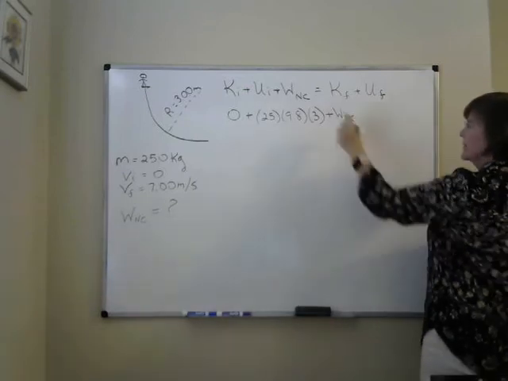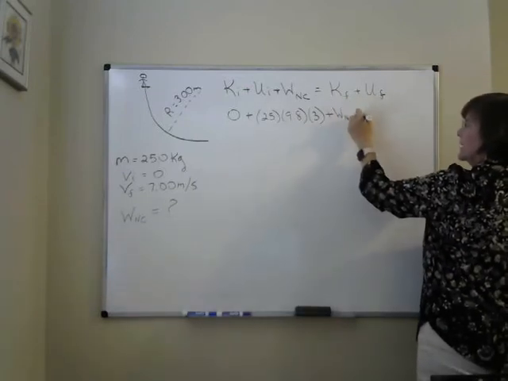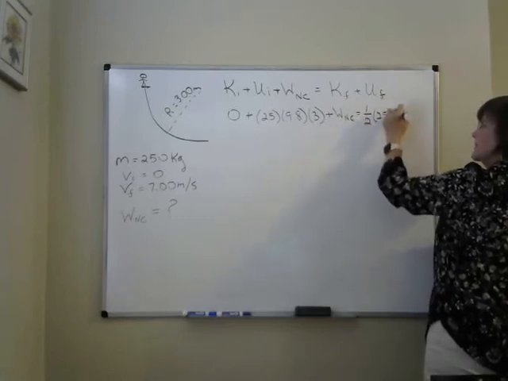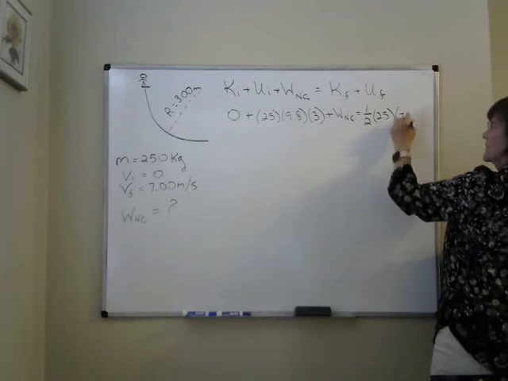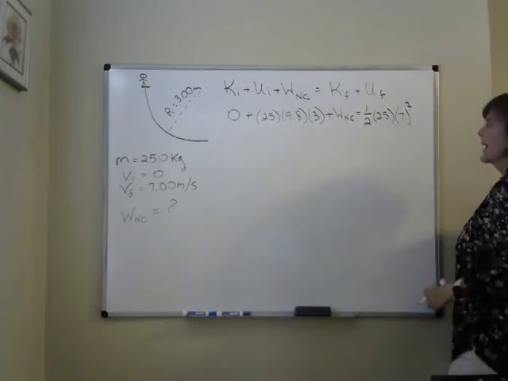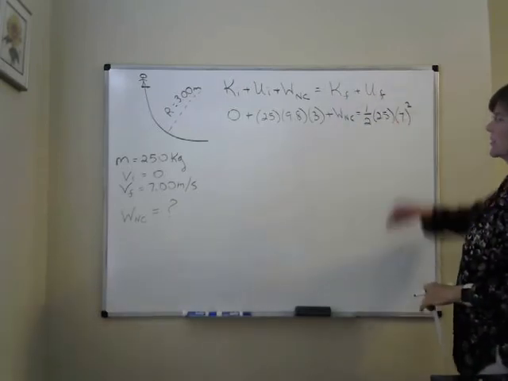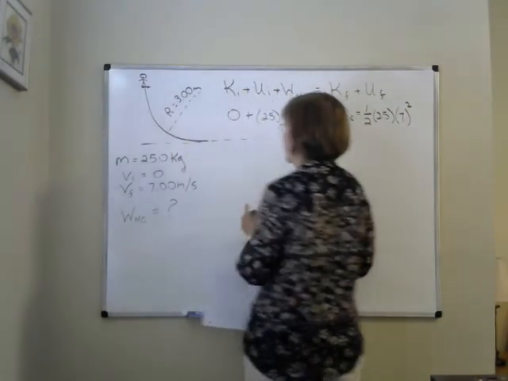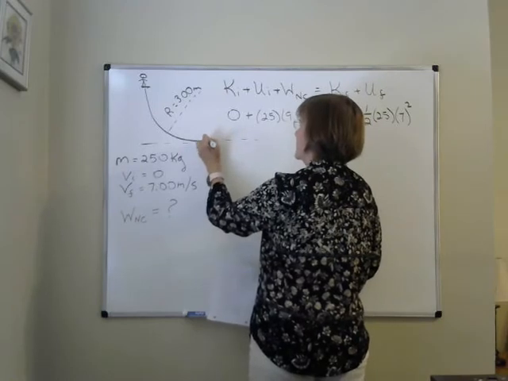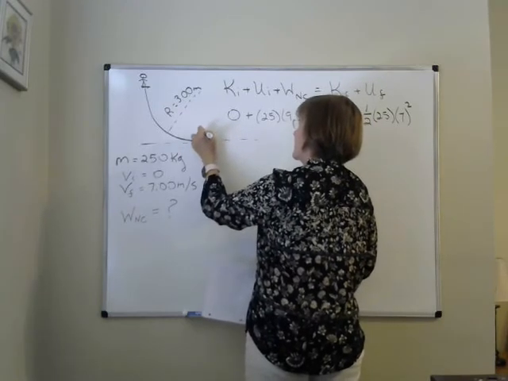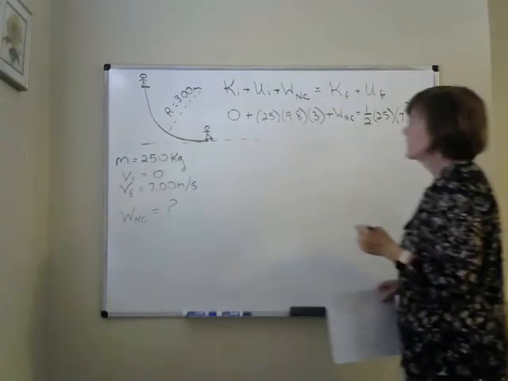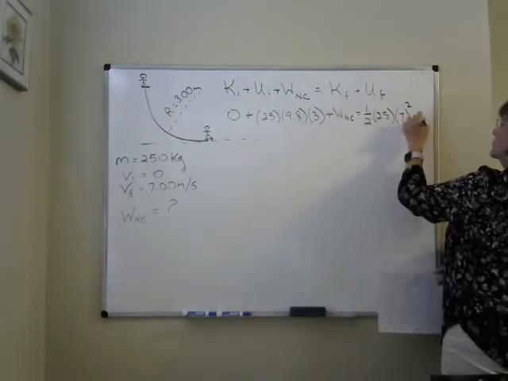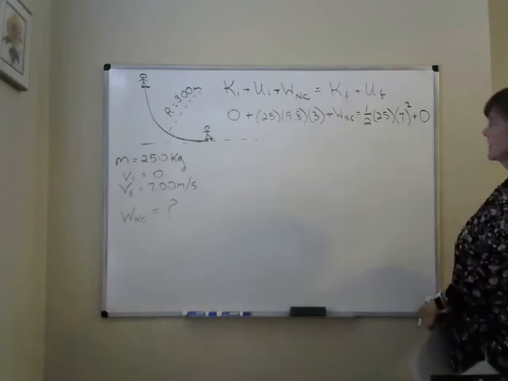At the bottom, we do know his final kinetic energy is 1/2 his mass times his final speed squared, and his final potential energy, since he is back down here at ground level, is simply 0. So there we go.